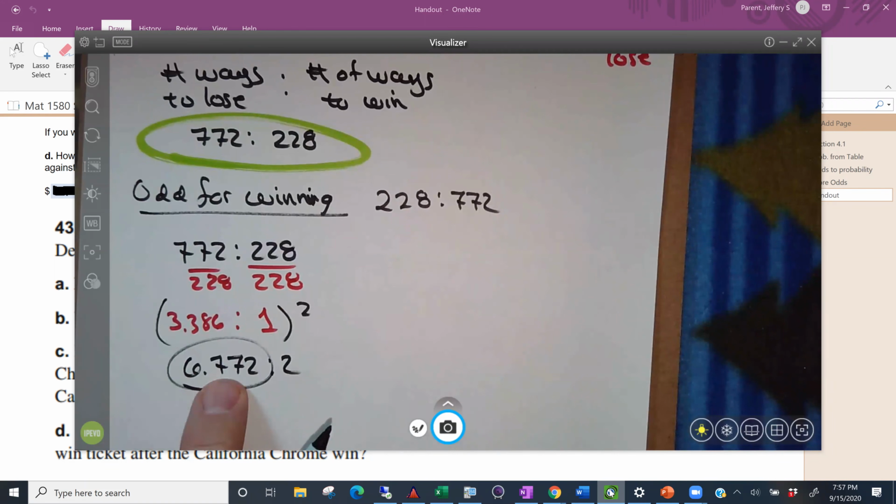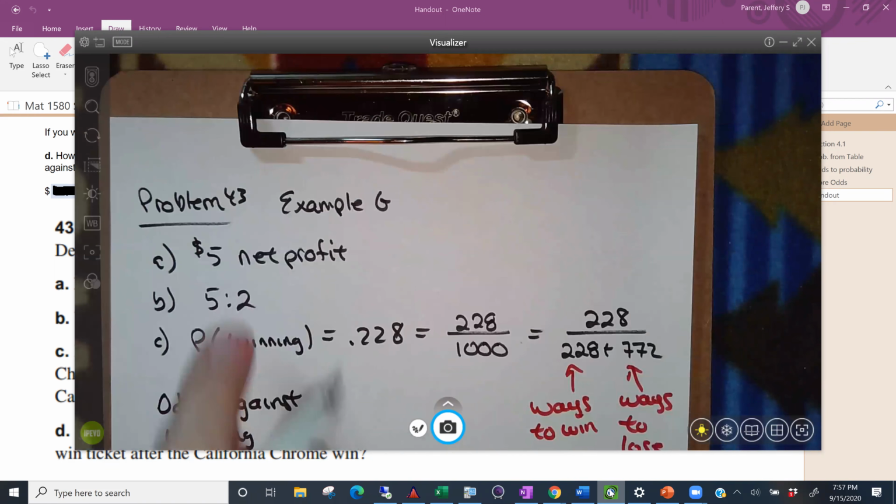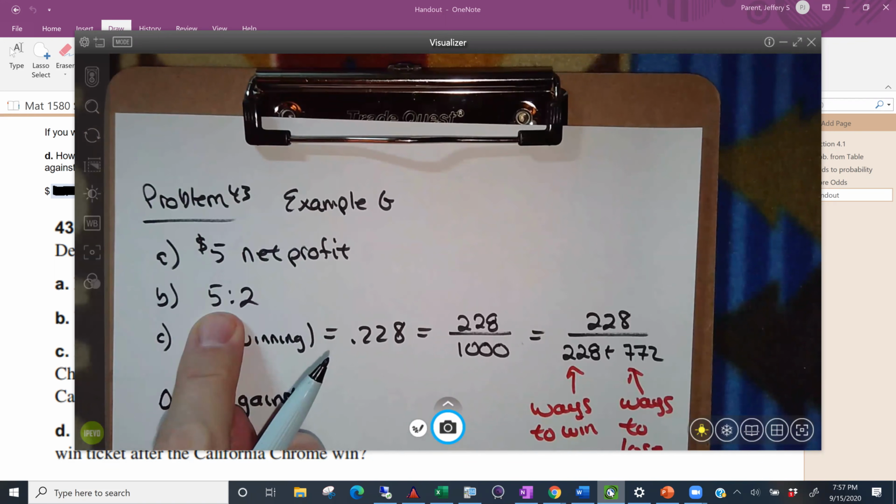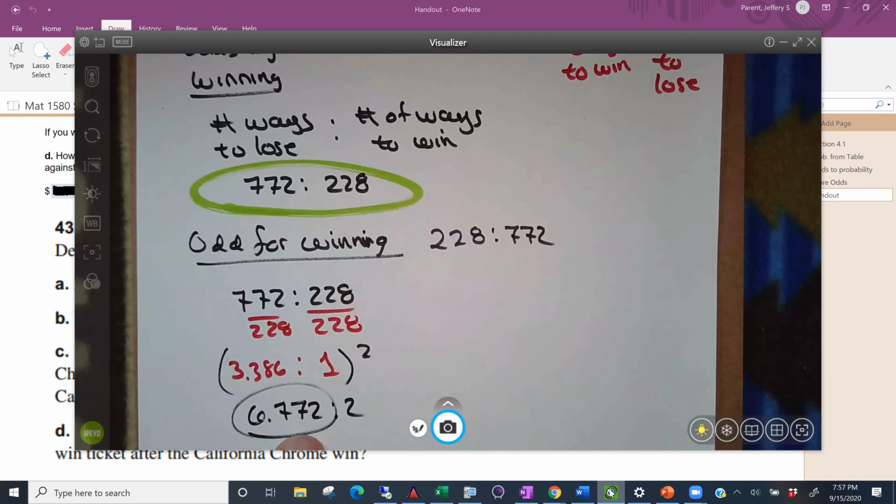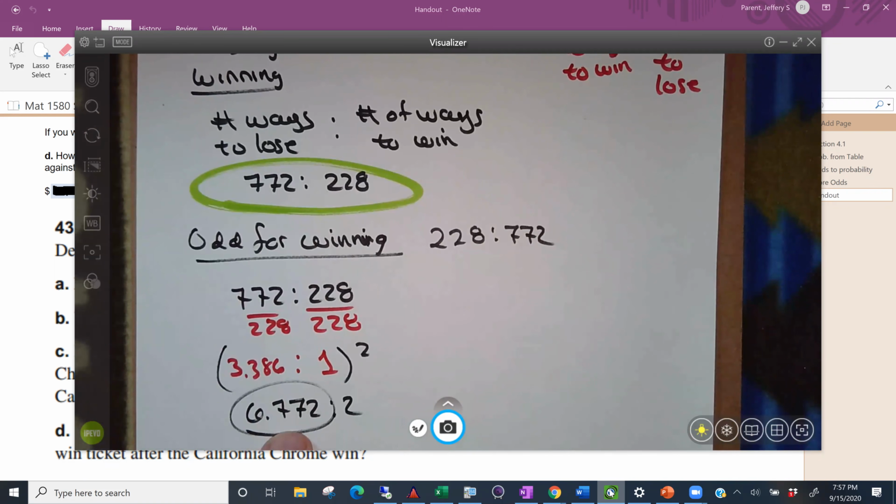That's how much money you should have collected if they were paying you the true odds. Of course, they can't. They've got to pay the concessionaires and other people working there. They've got to pay the state, et cetera. So a lot of that money gets siphoned off for other things. But the difference between this and the $5 is the profit that goes to the racetrack and then the state and stuff like that.